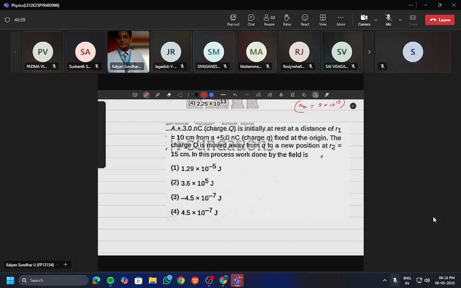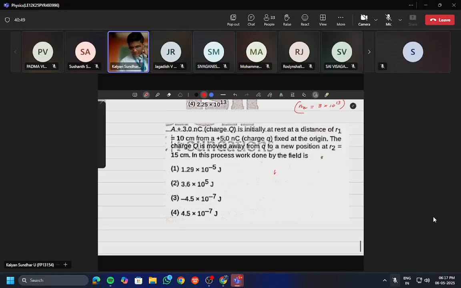Sir, Aditya present. What is the answer for this? The third option is correct, sir. So work done will be equal to charge into change in the potential. I can also write it as integration of kq by r square into dr, r1 to r2.